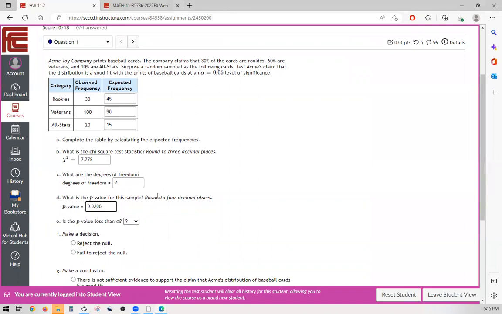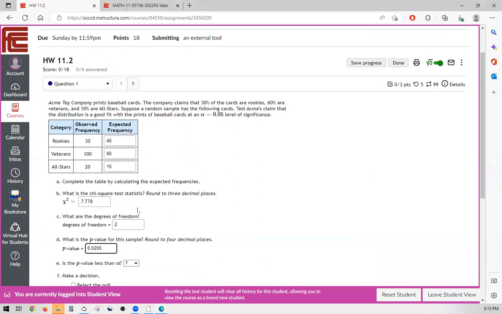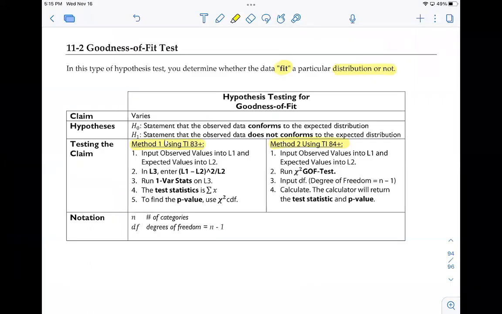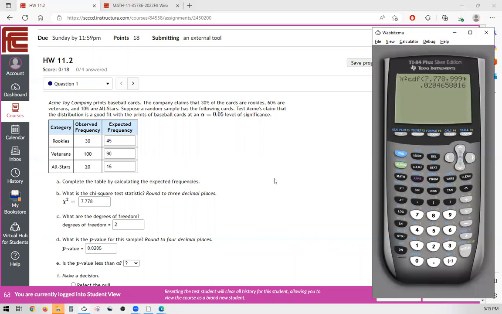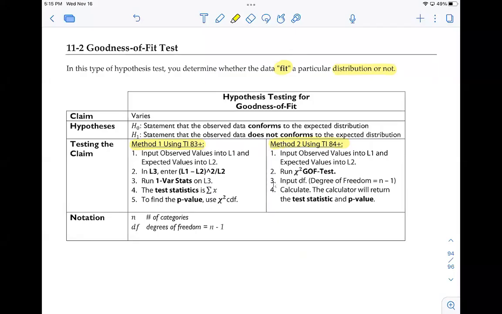All right. Now, that is this method of figuring out the test statistic and the p-value for the goodness of fit test. We're also going to use the chi-square GOF test, which is only available on the TI-84 Plus. If you have the TI-83 Plus, unfortunately, you cannot use this. You don't have this function.